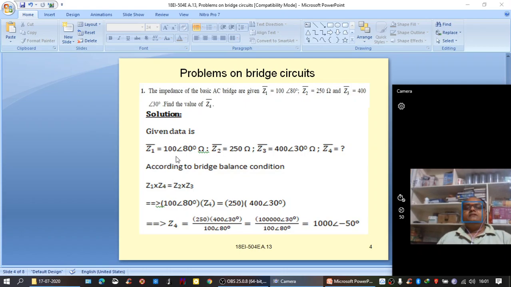So the given data is Z1 is 100 at an angle 80 degrees, Z2 is 250, Z3 is 400 at an angle 30, and Z4 is unknown quantity.